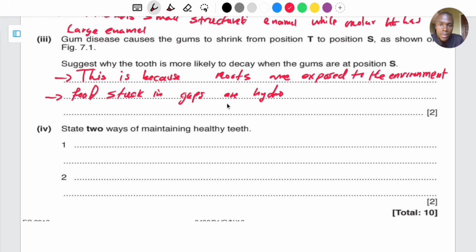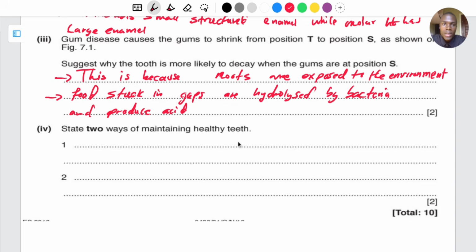There is no way that bacteria is hydrolyzed by bacteria, and they produce acid. So this is acid. This acid is very dangerous in that it is going to dissolve the what? The enamel.